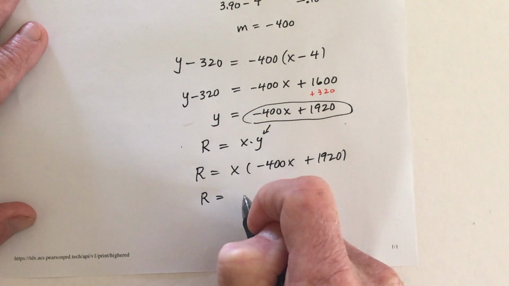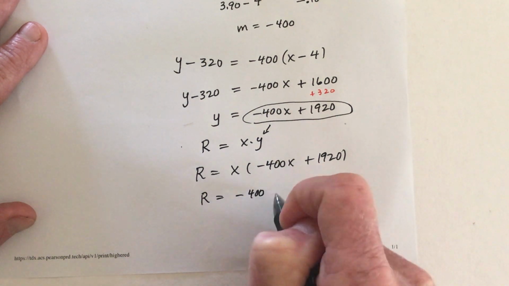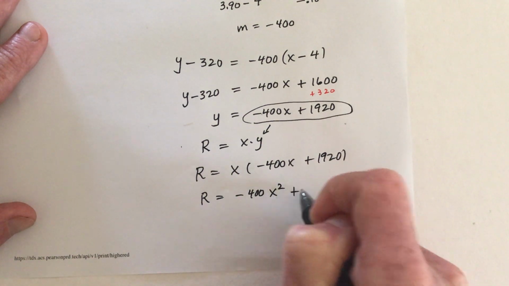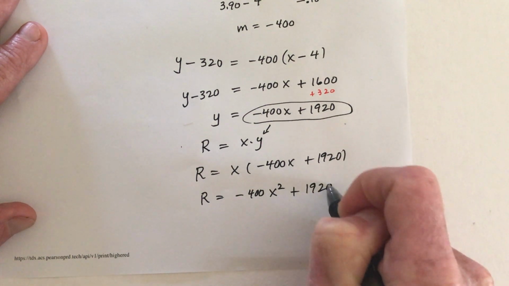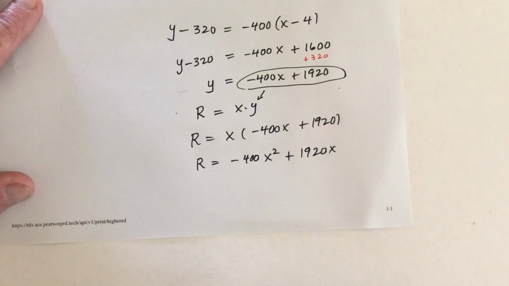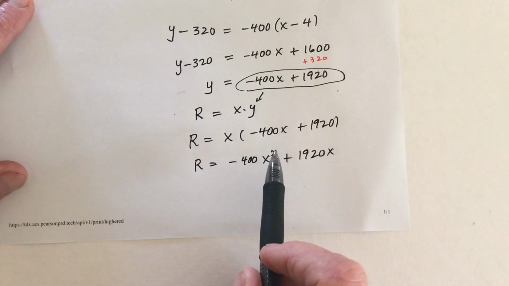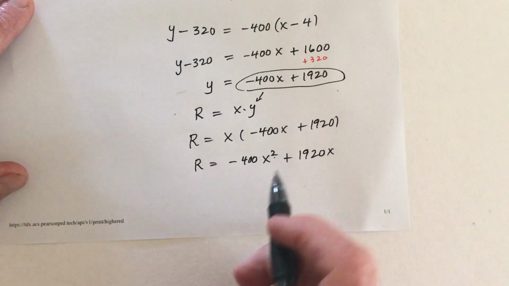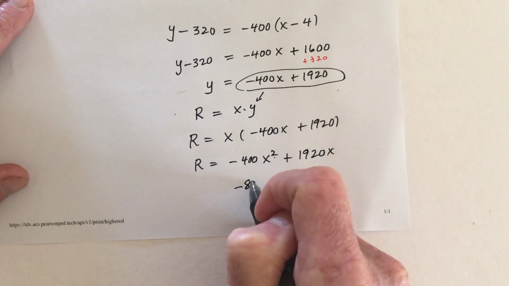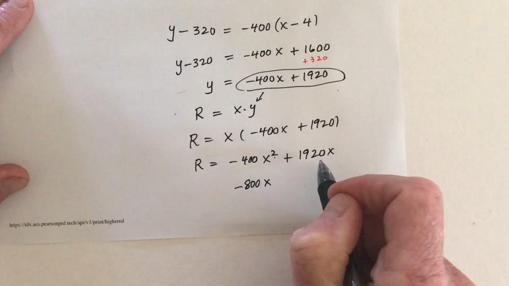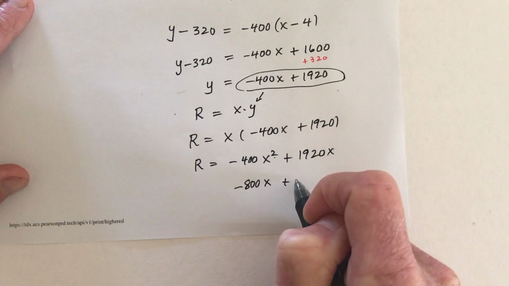So if you distribute the x, it's going to be negative 400 x squared plus 1920 times x. And then the derivative. So bring the power down and multiply. That's going to be negative 800x, and the derivative of 1920x is just 1920.